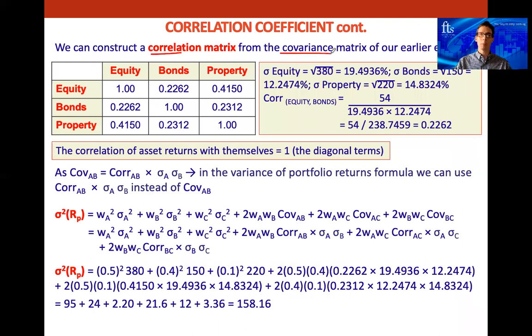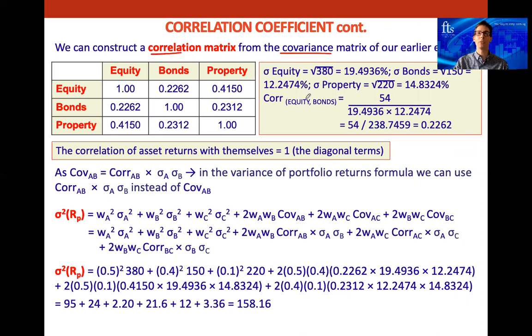So how do we work out correlation? For correlation, we need the covariance between the two assets, and we divide that by the standard deviations. So that's what I worked out over here. Because we need the standard deviations in the denominator, I've worked out the standard deviation of equity and of all of our assets.